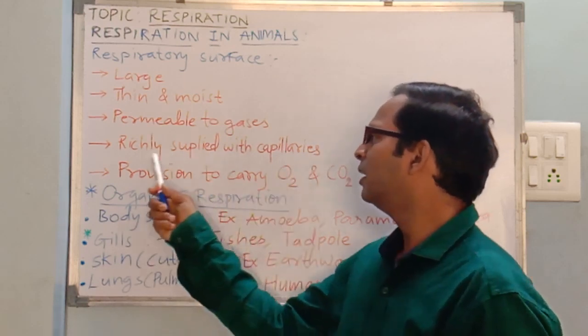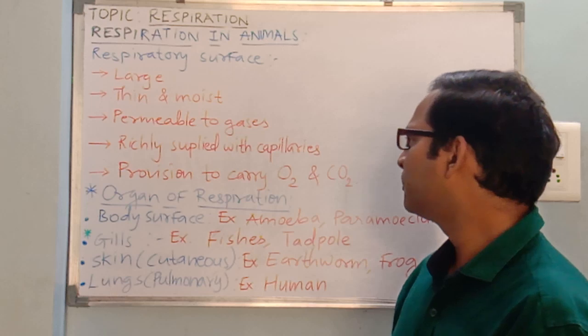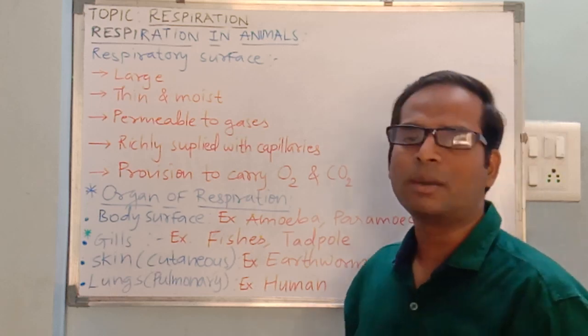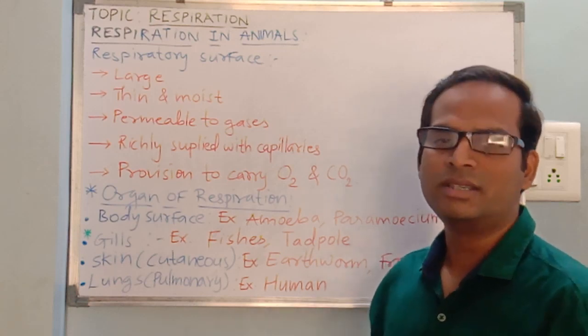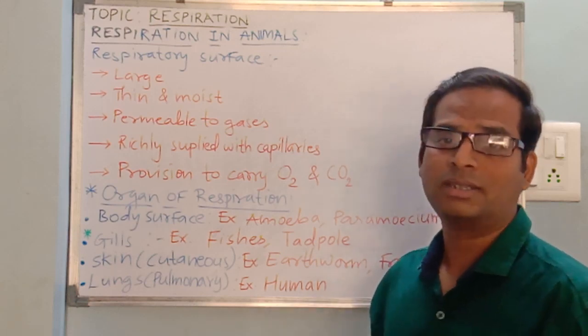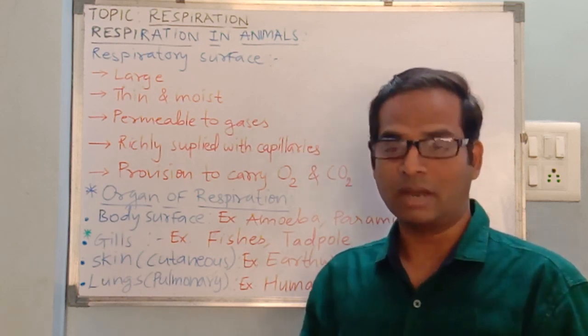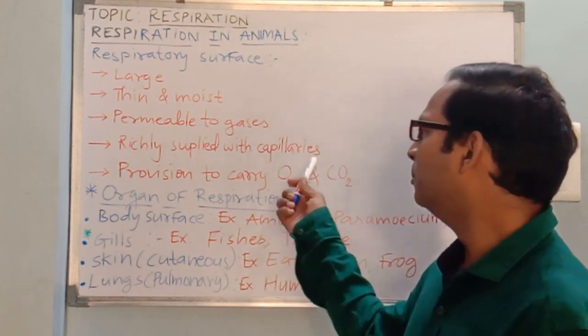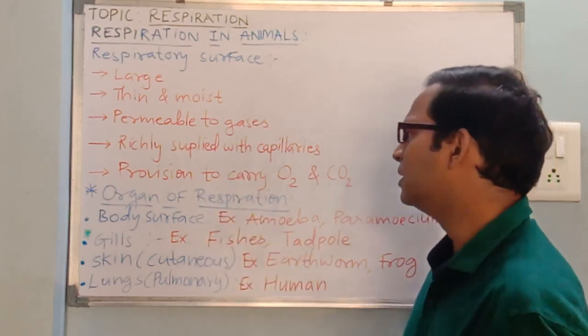The fourth characteristic feature of the respiratory surface is that it should be richly supplied with blood capillaries. That's the reason our alveoli are richly supplied by blood capillaries, so that exchange of gases will occur easily.